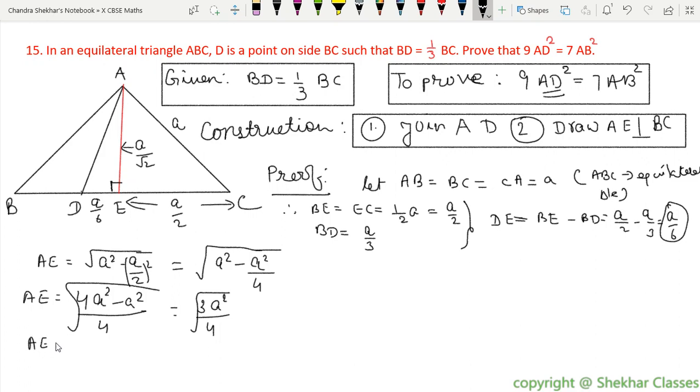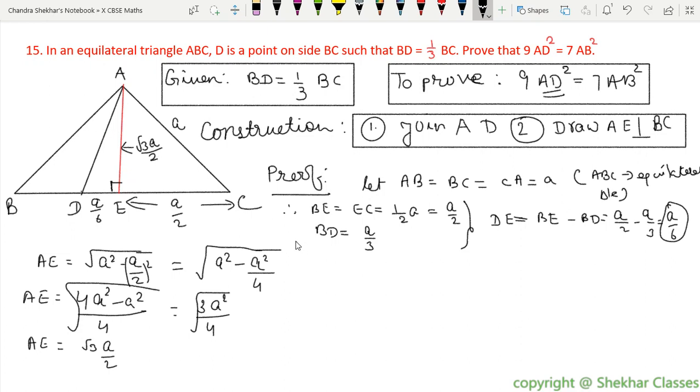AE will be equal to root 3A by 2. So this is root 3A by 2, not the one I mentioned there. This will be root 3A by 2.